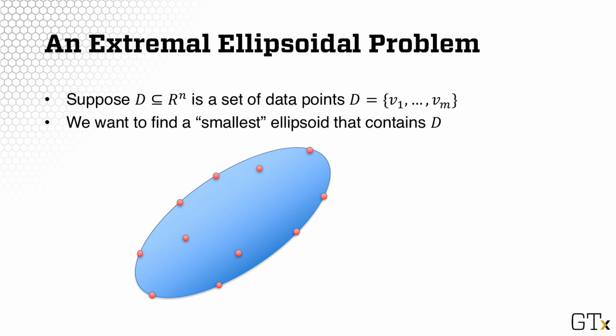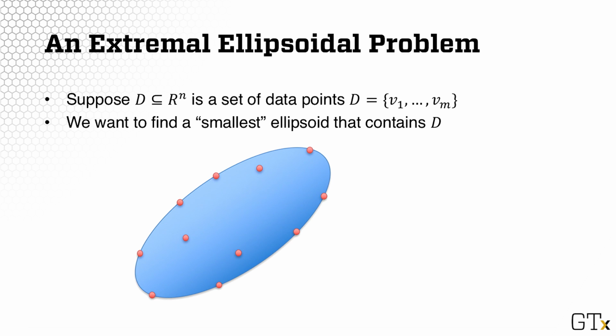Why do you want to do this? You can think about this ellipsoid as an approximation to the set of data points. It exactly contains all the data points and is the smallest one. So the shape of this ellipsoid reflects the aggregate shape of these data points, and the ellipsoid can be modeled in a very compact way.